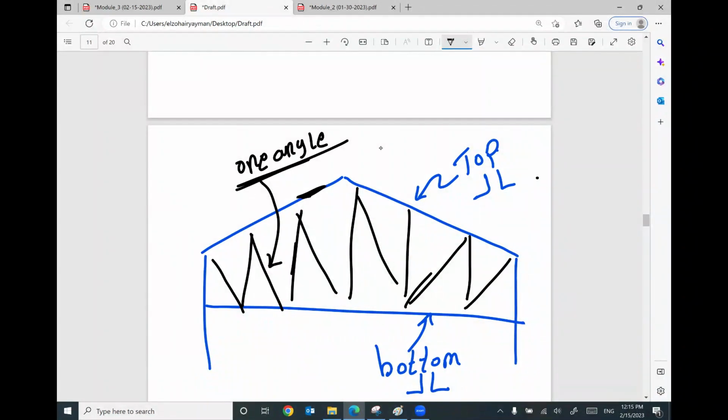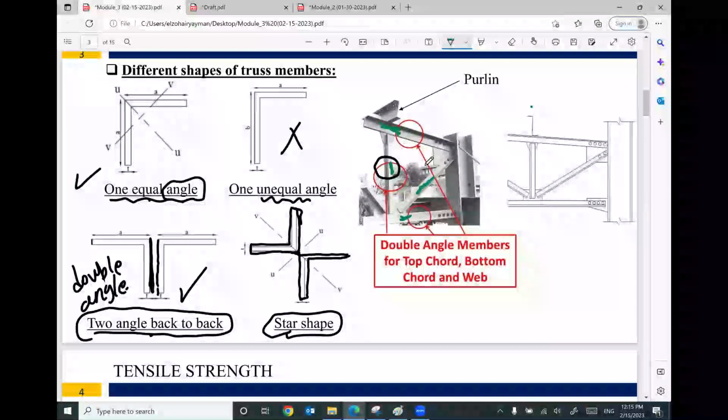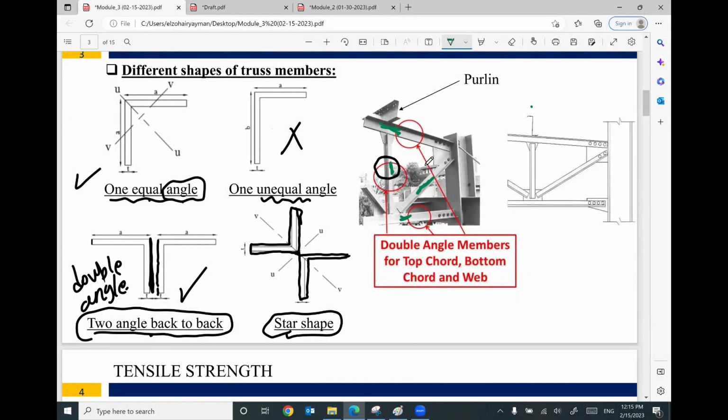If you put your vertical member as double angle, I cannot say it's wrong. But the most common members used for the top and the bottom will be double angle. The most common member used for vertical and inclined members is the single angle. Do you have any questions so far?